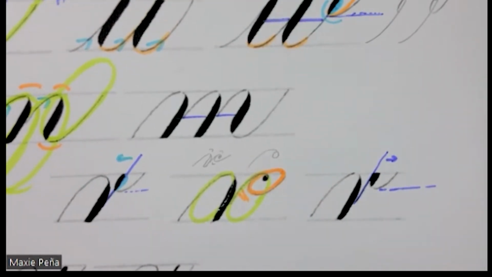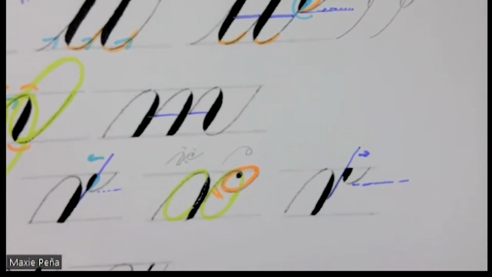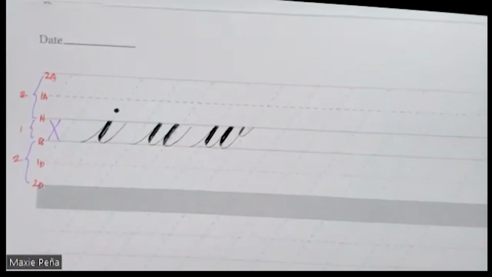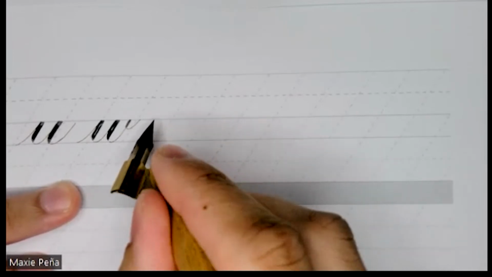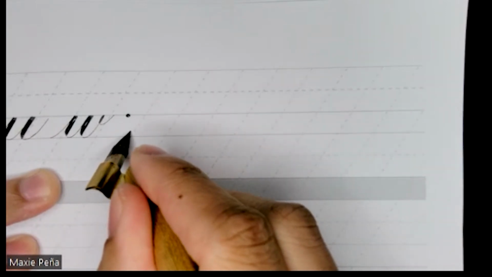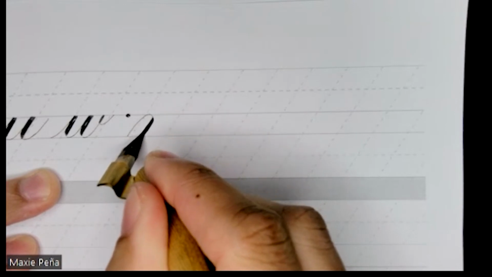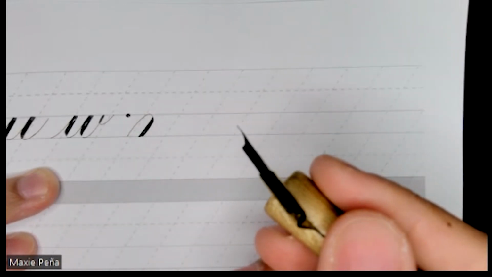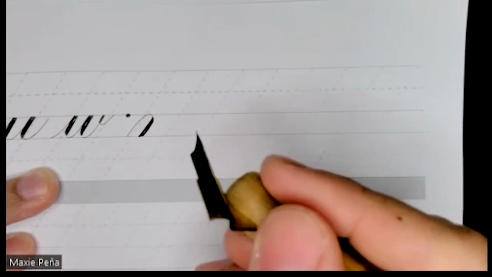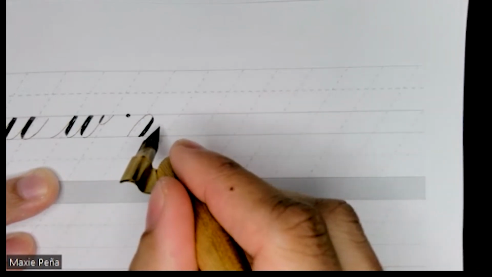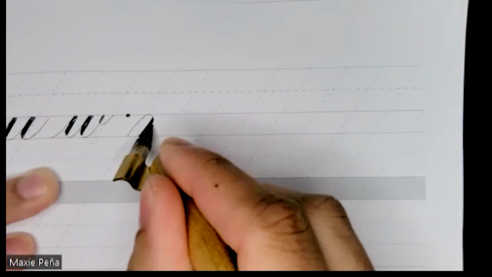All right, so next group of letters, N, M, and 3 versions of R. So when I'm doing my N, or when you're doing your N, look at your I and try to maintain that same curves.